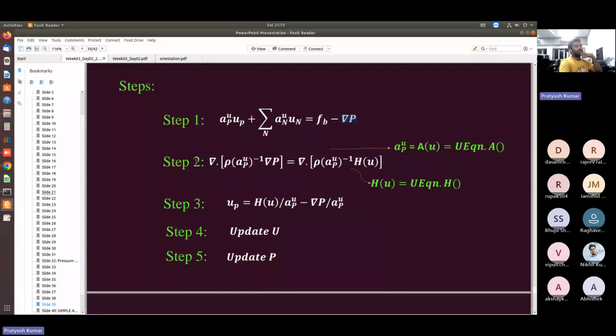And this step is known as the pressure corrector step.